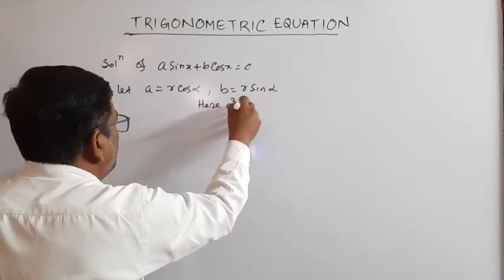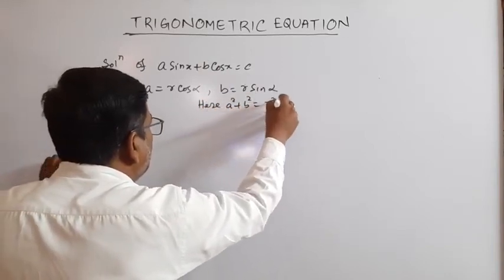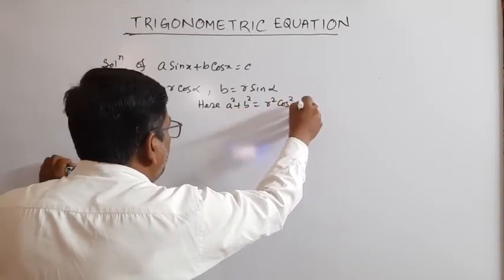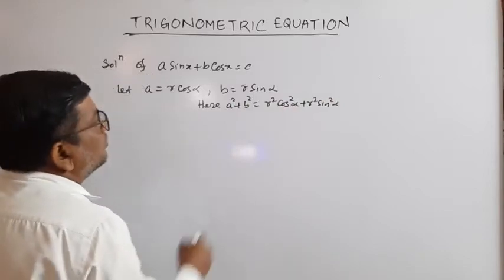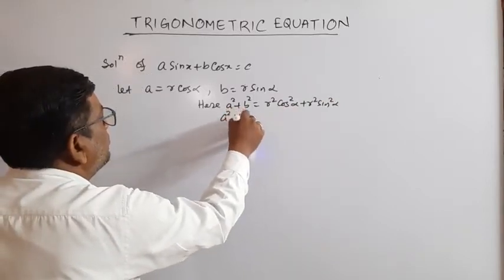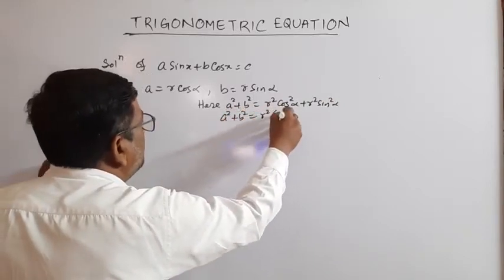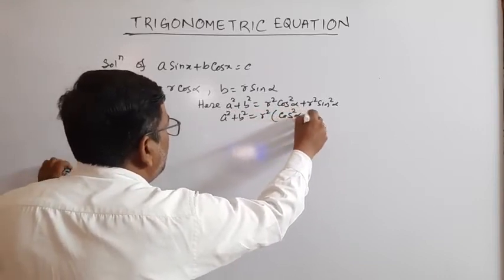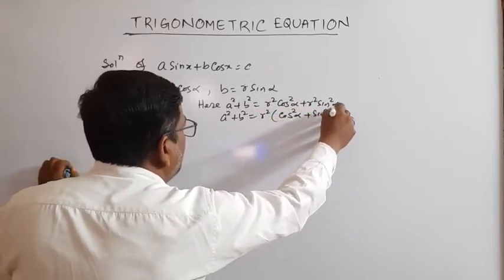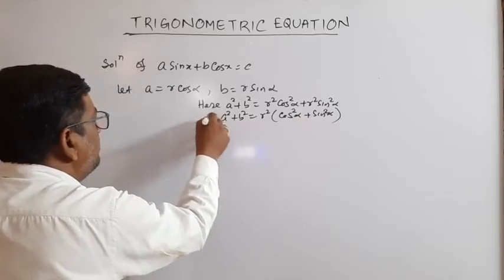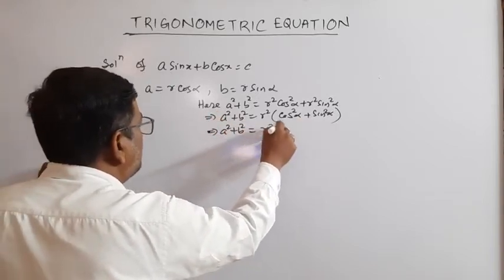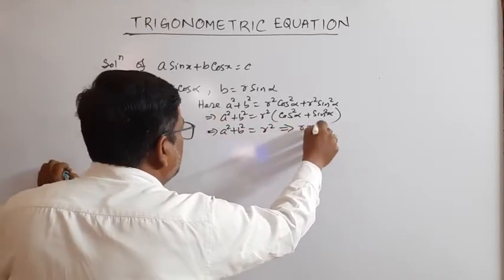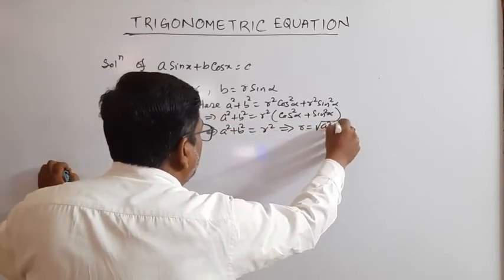Here a square plus b square is equal to r square cos square alpha plus r square sin square alpha. So a square plus b square is equal to r square into cos square alpha plus sin square alpha. That implies a square plus b square is equal to r square, so r is equal to root over a square plus b square.